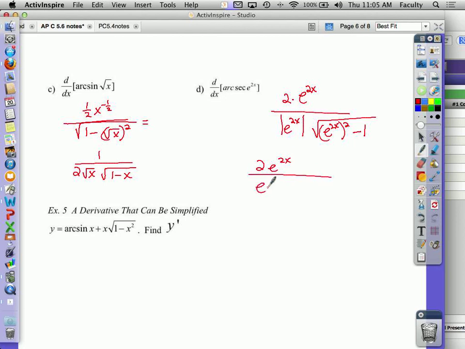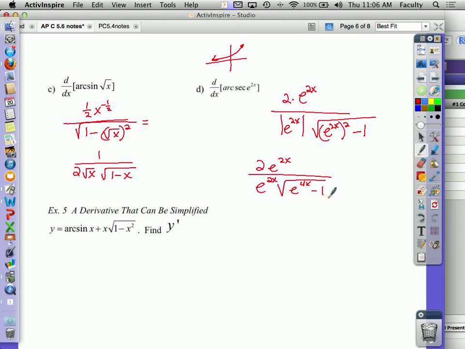I actually don't need an absolute value around e to the 2x, because it's exponential growth. The y values are always positive, so I don't need it. If you left it, it wouldn't take off points. And then this is going to be the square root of e to the 4x minus 1. That's really the most difficult it's going to be in terms of finding that derivative or tidying it up.